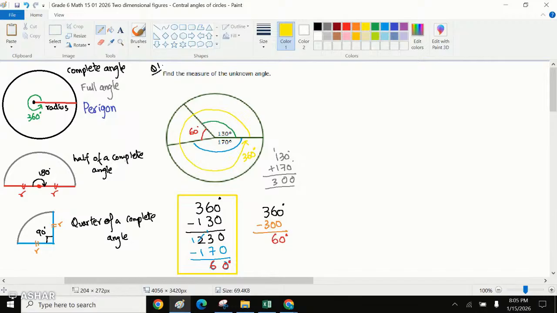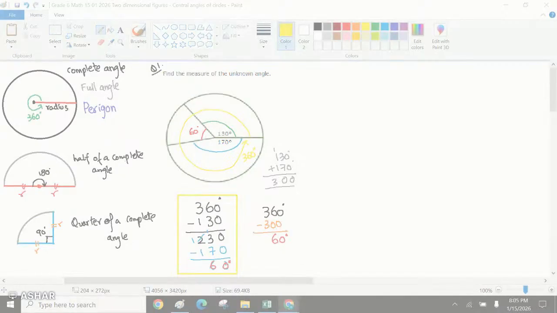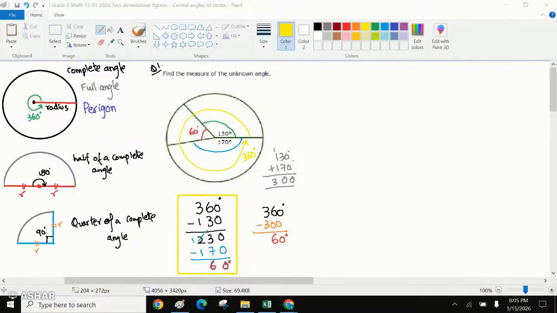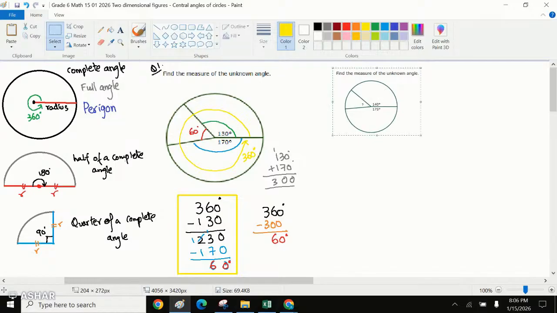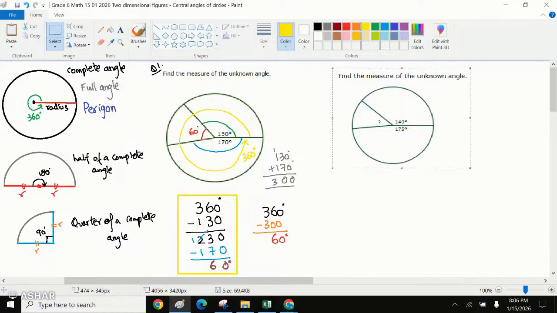Okay, so thank you so much for your answer. Let's move on to the next question. In the next question, we would try to solve it by writing an equation. The next question says, find the missing or the unknown angle in the given figure.